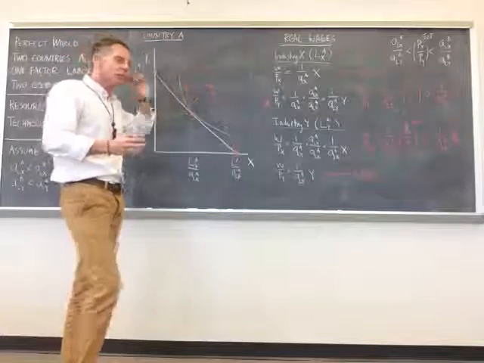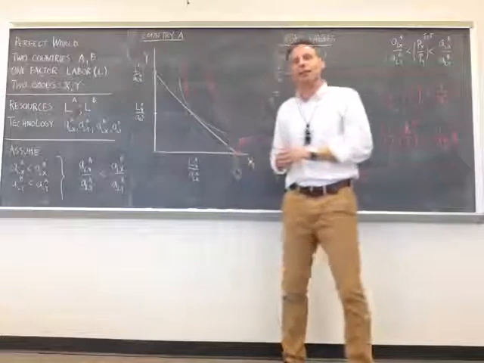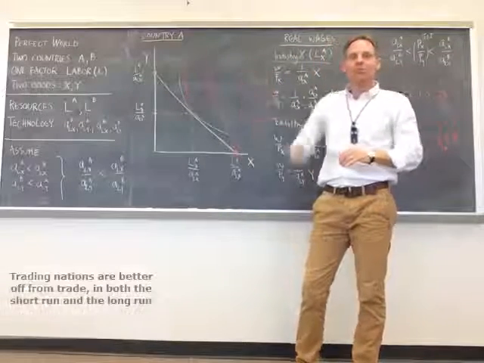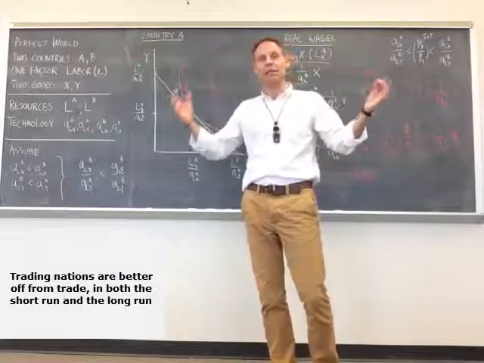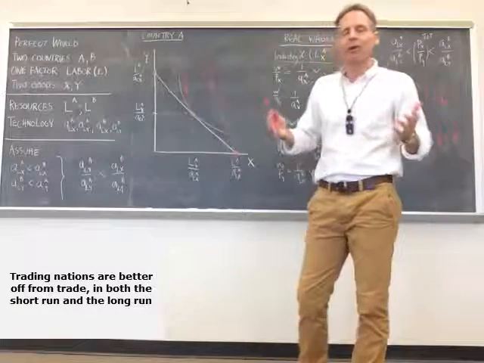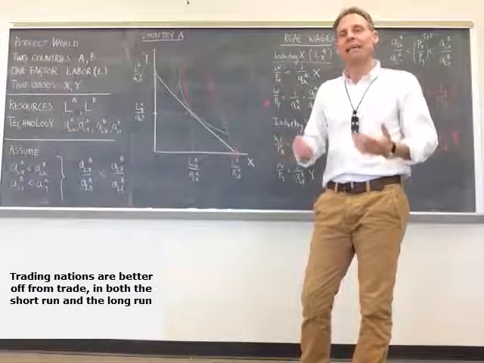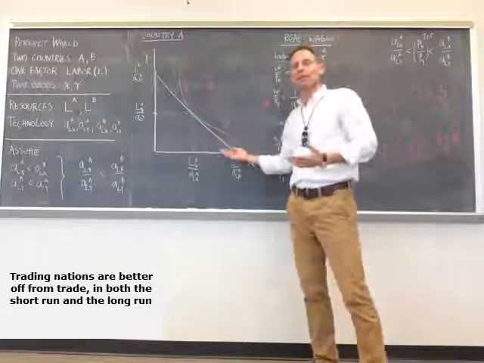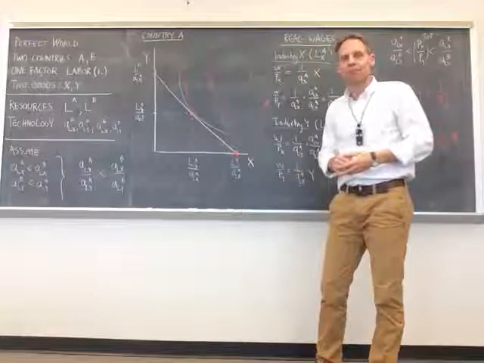So let me just conclude, because this is the story that we have told right now. What we have seen is that countries are better off from trade. So the entire country, the trading nation, is better off from trade, whether you're in the short run or the long run. But the gains increase as you can specialize in the production of the good that you have comparative advantage in.